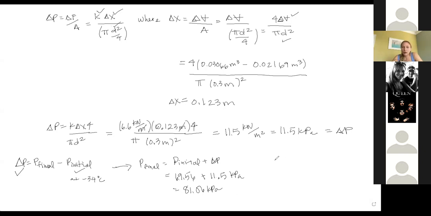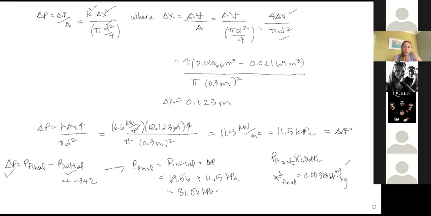All right, so now we have our pressure final as 81.06 kilopascal, and we have our specific volume final as 0.0030366 cubic meter per kilogram.